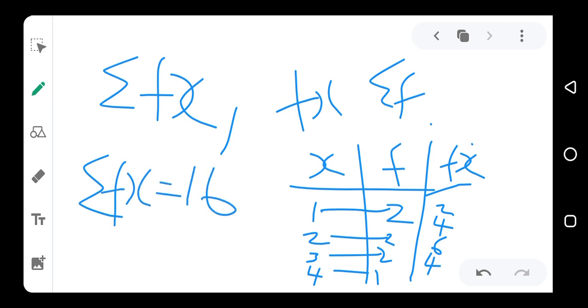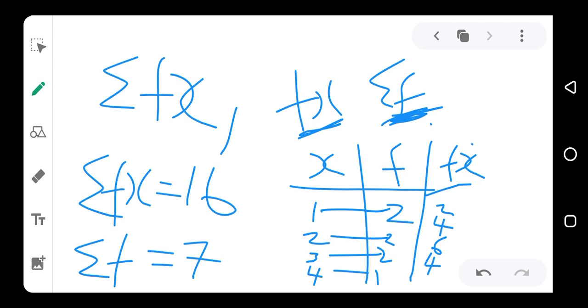Now sigma f means we sum everything that is under f, which is 2 plus 2 plus 2 plus 1. 2 plus 2 is 4, 4 plus 2 is 6, 6 plus 1 is 7. Sigma f is equal to 7.